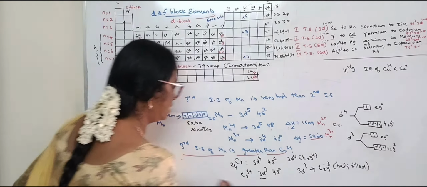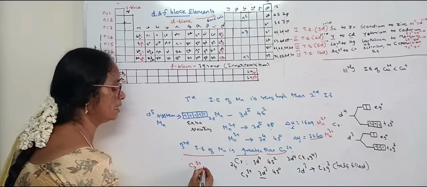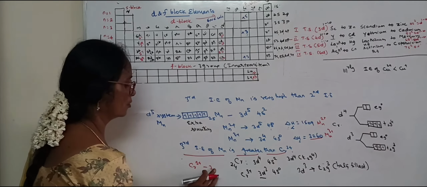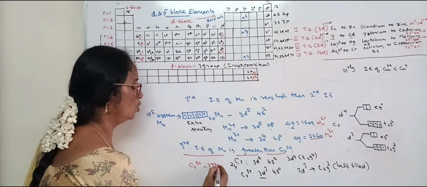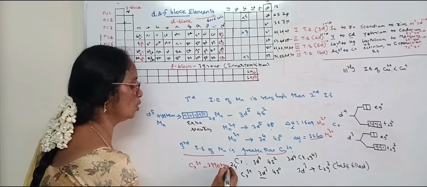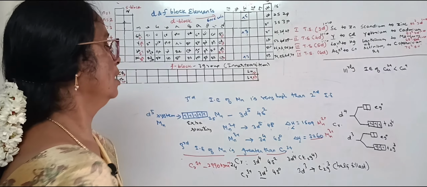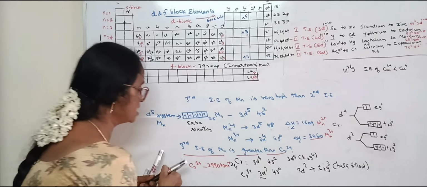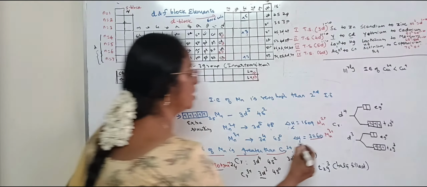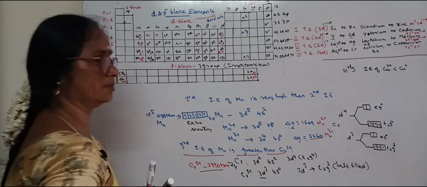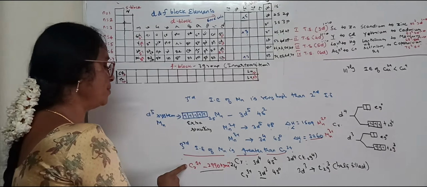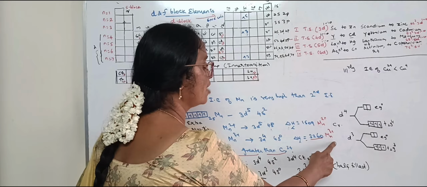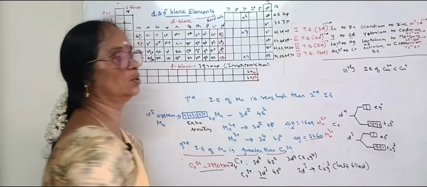For Cr3 plus, the ionization enthalpy is 2990 kilojoule per mole. When we compare the third ionization enthalpy of chromium with that of manganese, chromium 3 plus has 2990 and manganese 3 plus has 3260.